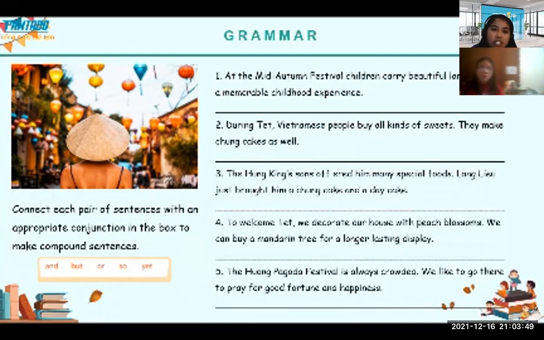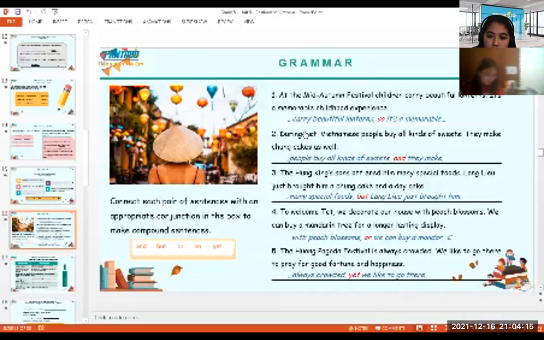Can you see my screen clearly? Yes or no? No. Okay, let me take a picture of this one and send it to Zalo so that you can see.